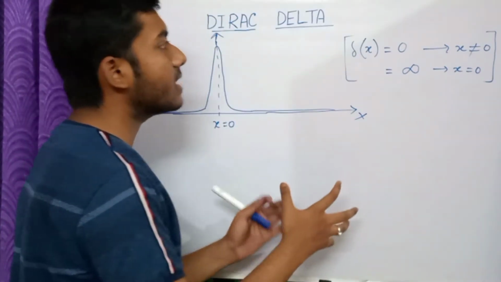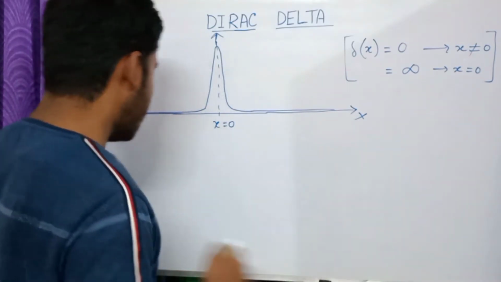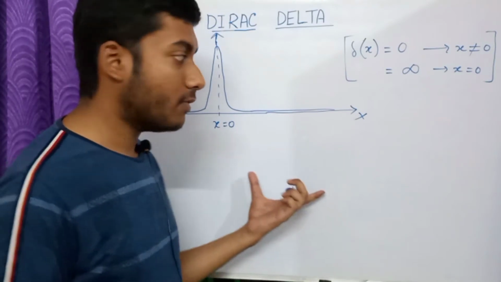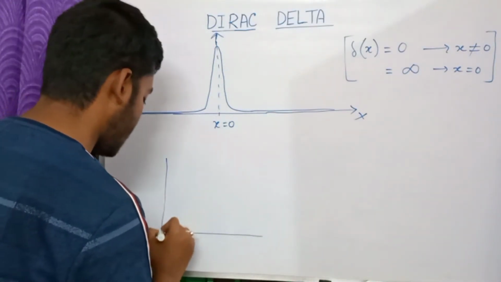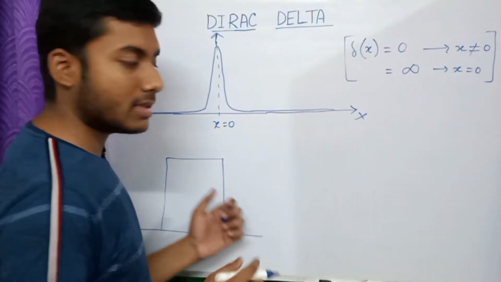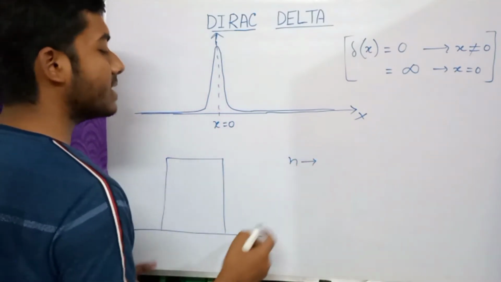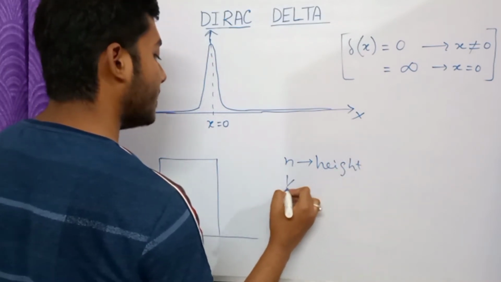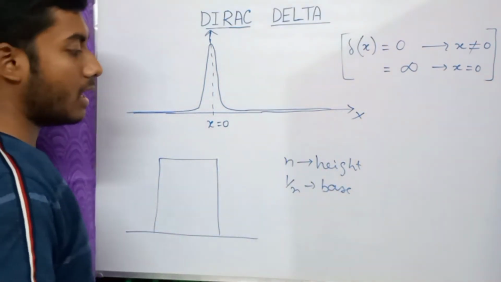Now let us understand this Dirac delta function with a simple example. We have a sequence of rectangles, where n is the height and 1 by n is the base.